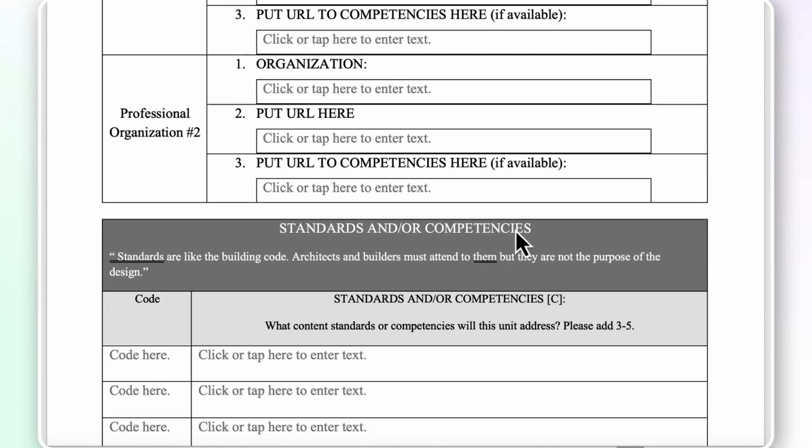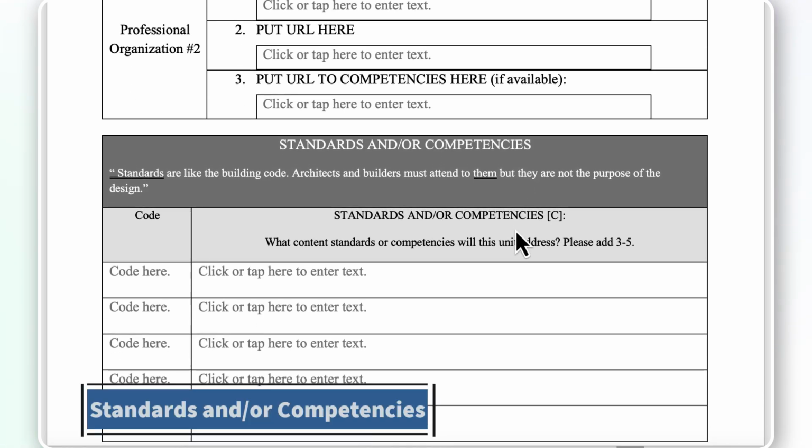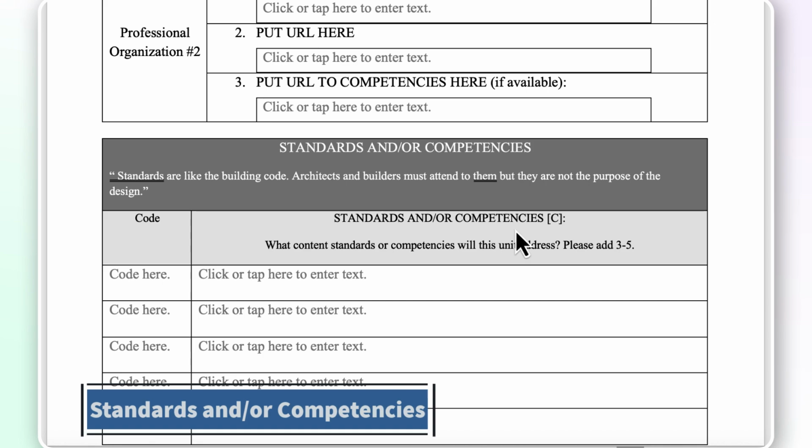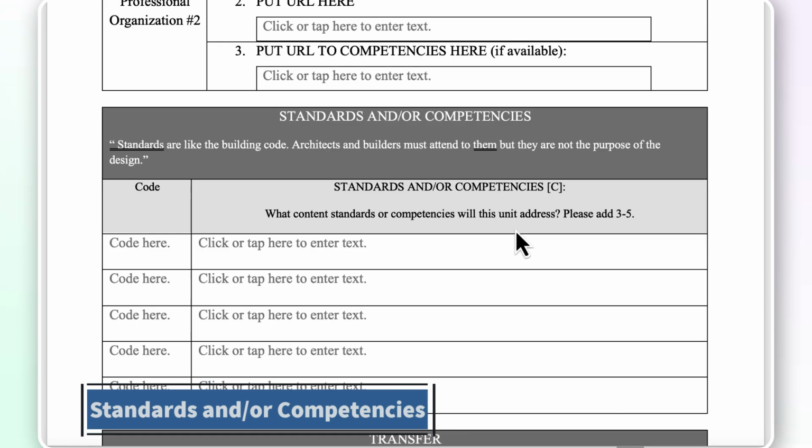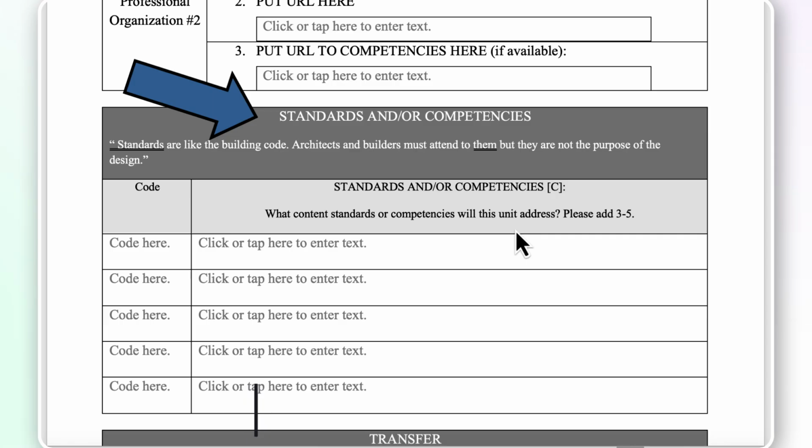And then you actually get into the standards and or competencies. These are like the code, essentially. These give you specific goals that students are expected to achieve, what they should know, and what they should be able to do.